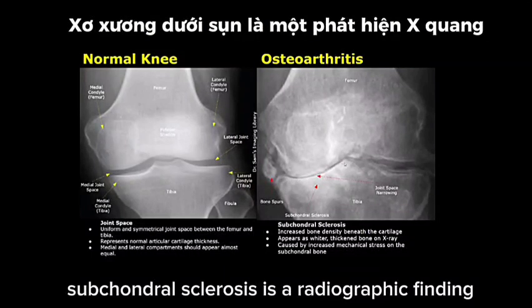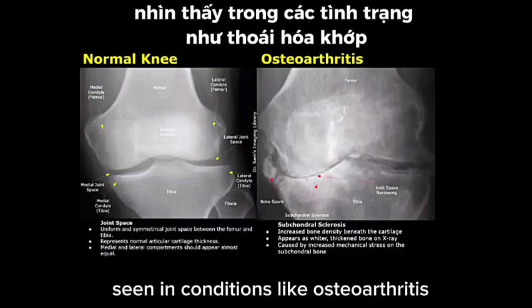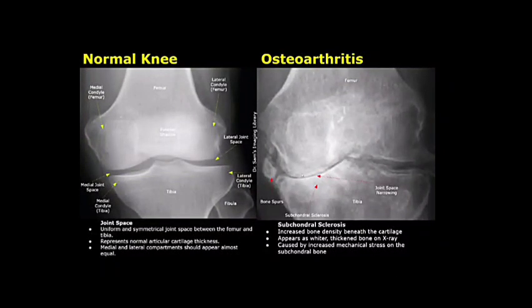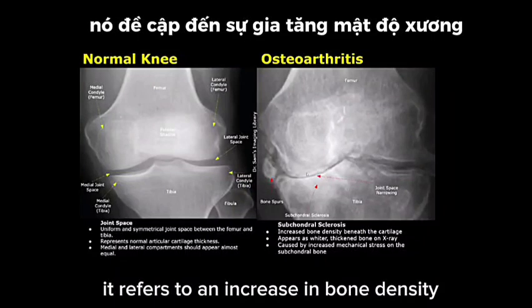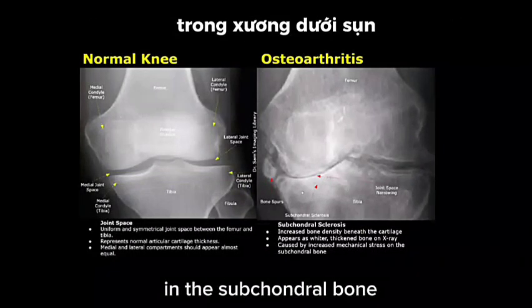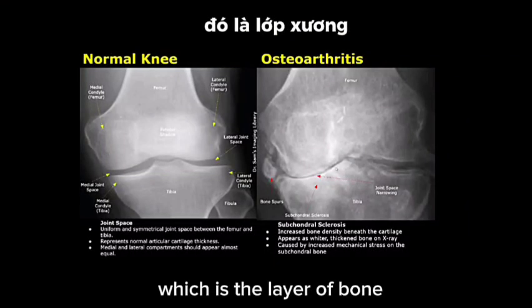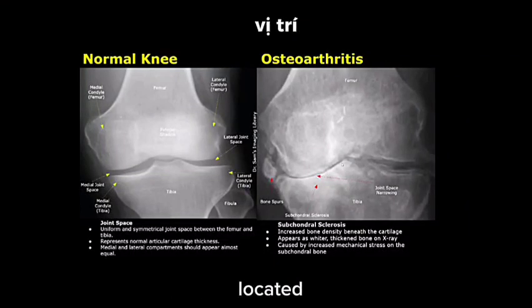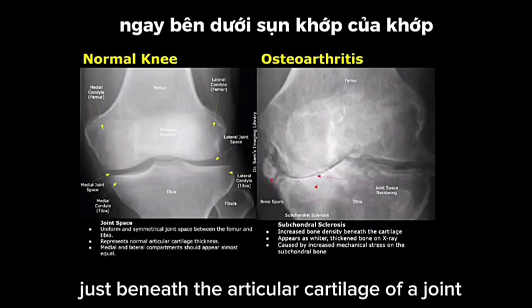Subchondral sclerosis is a radiographic finding seen in conditions like osteoarthritis. It refers to an increase in bone density in the subchondral bone, which is the layer of bone located just beneath the articular cartilage of a joint.